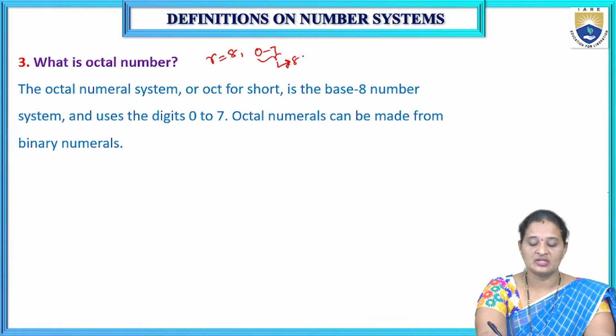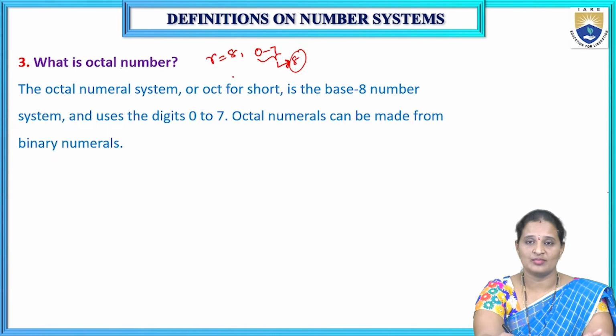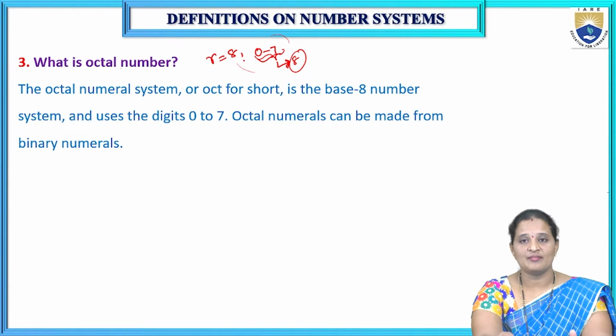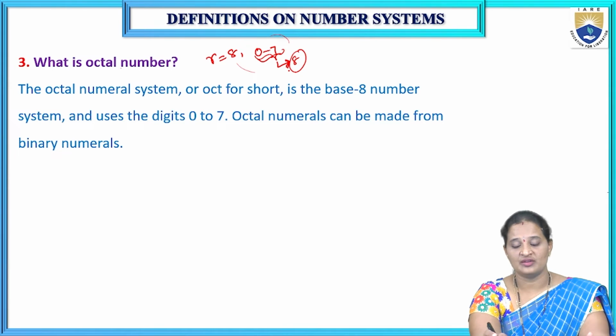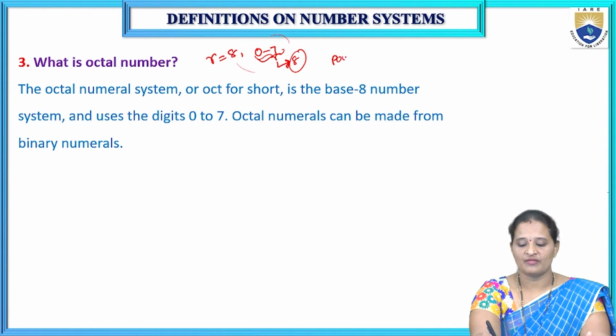That means each digit in an octal number can be represented using any one of these 8 digits, from 0 to 7. In the octal number system, each digit will have its own positional weight, which is expressed as a power of 8.